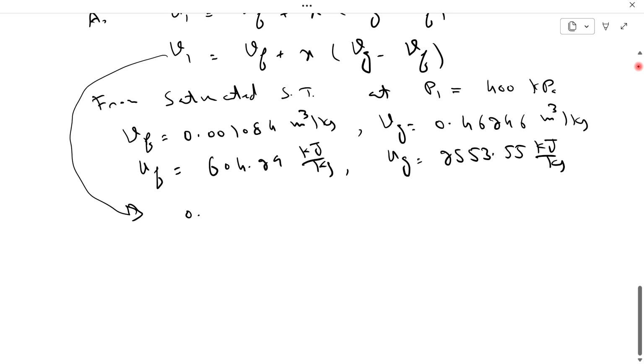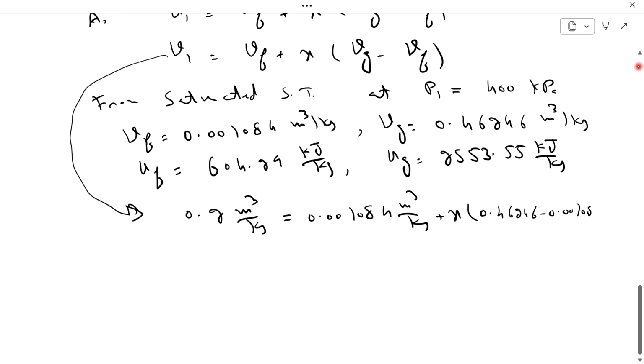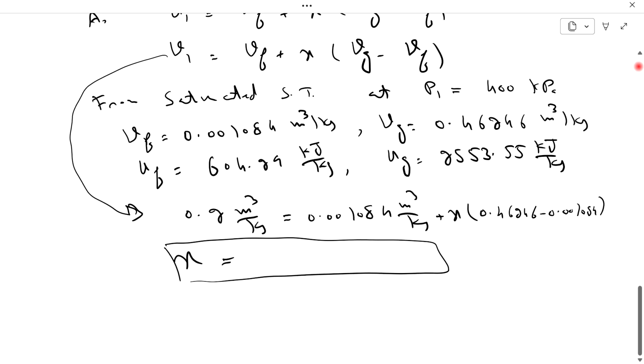Now from the V1 equation we find x. V1 is 0.2 meter cube per kg, which is equal to Vf, 0.001084 meter cube per kg, plus x times Vg minus Vf, where Vg is 0.46246 meter cube per kg minus 0.001084 meter cube per kg. All values are known to us, it is only calculation. So x is equal to 0.4311.